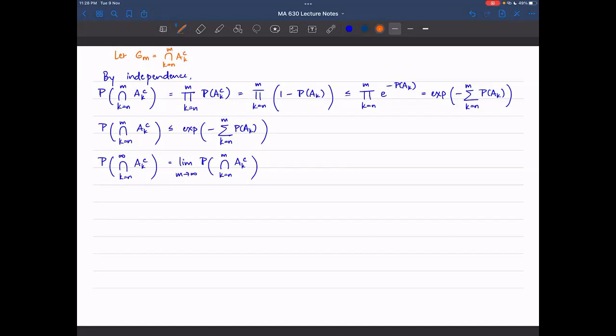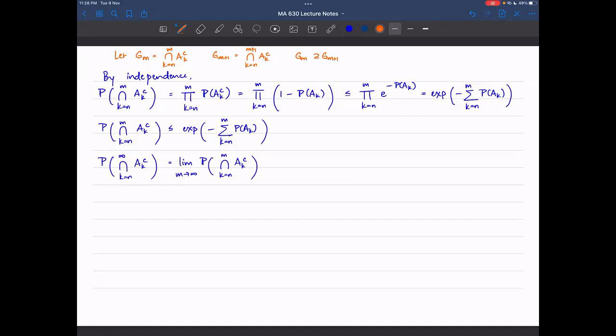All right. So what is Gm plus 1? Gm plus 1 is the intersection k going from n to m plus 1, ak complement. In other words, as m gets bigger, you're taking intersections of more and more sets. And you know that as you take intersections of more sets, the result can only get smaller. So Gm has to contain Gm plus 1.